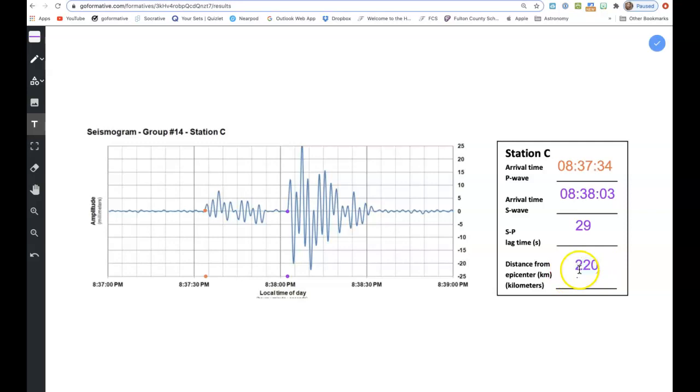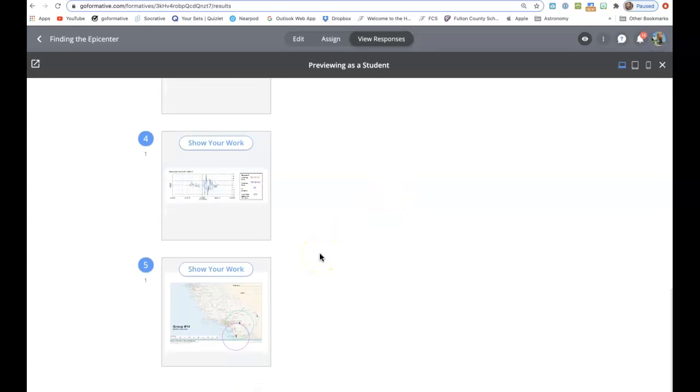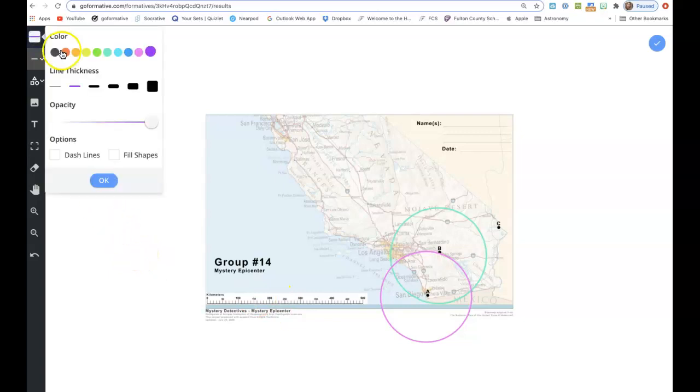I'm going to take that information. Now I need to draw my circle around station C to estimate the distance away from station C. So I need to make my circle have the radius of 220 kilometers. If I start here at 0, here's 200. So I need to be on the second line right here. So let's make it red.